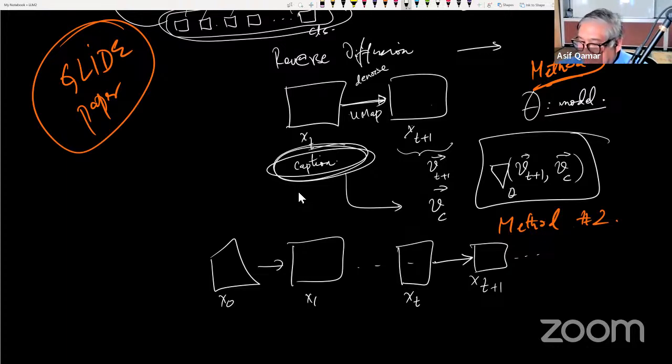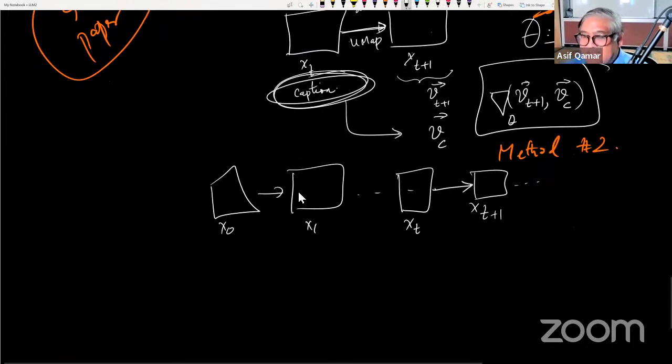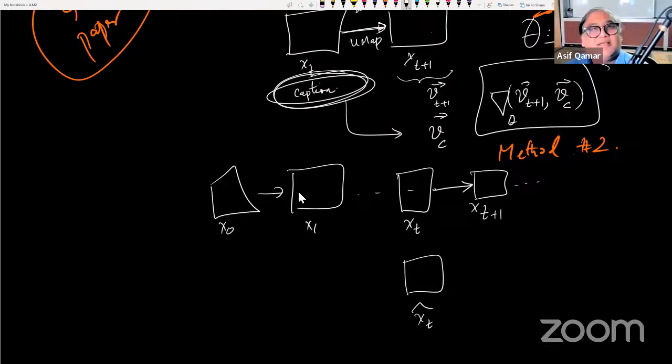And so when you're doing the reverse, what you're producing is not xt. You are actually producing xt hat, your prediction of the model. It produces the reverse journey from this. Well, actually, even this is technically a prediction from a previous step, but let's say from xt plus 1, you're predicting xt hat.